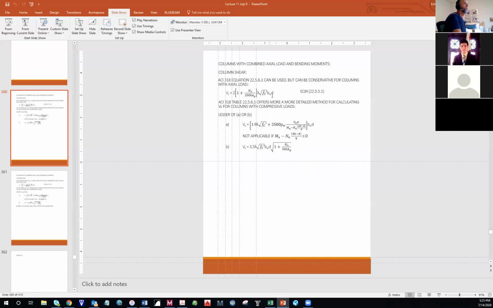Here. Okay, so this equation is meant for columns, and these two equations are meant for columns. So if I don't specify to use this one or this one, then you can use the simpler one. Okay, makes sense. Thank you.